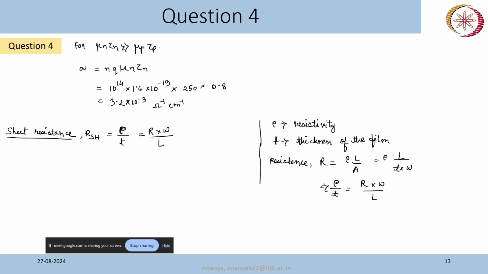Rho is the resistivity, and resistivity is the inverse of conductance.